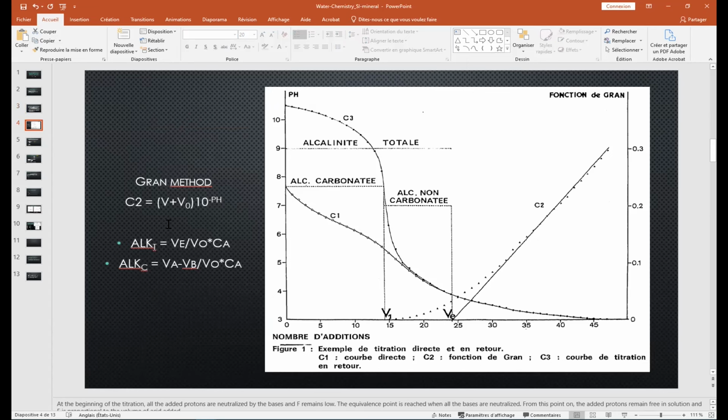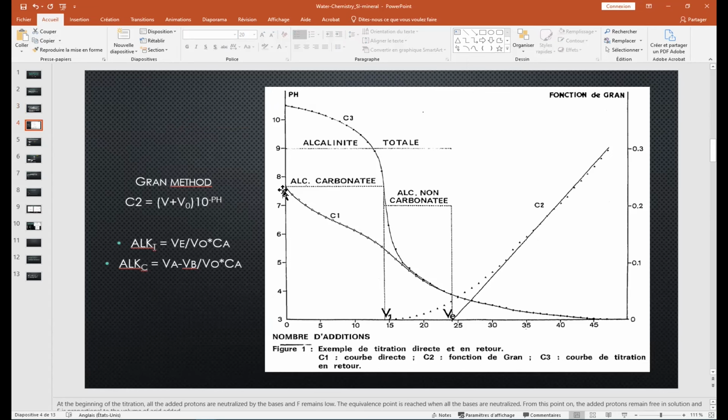So this is the graph I was trying to explain just before. When you have a solution with an initial pH here, you add strong acid until you reach a really acid pH.